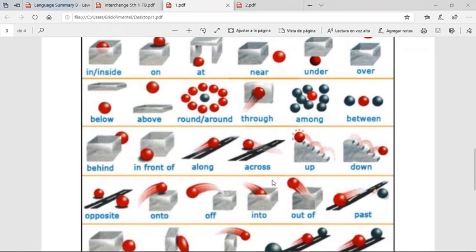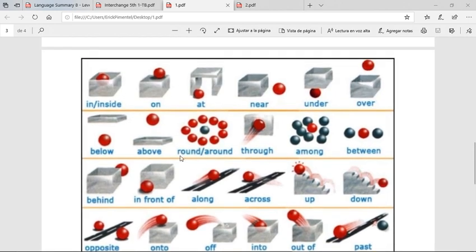Okay, here we have some other prepositions of place. You can stop the video here to check what they mean, because going through each one of them is going to be long.